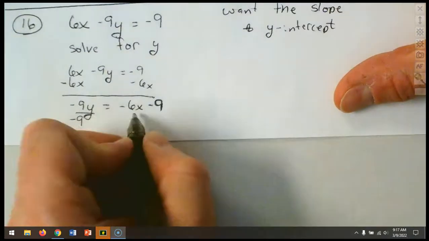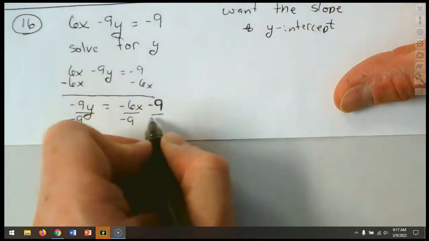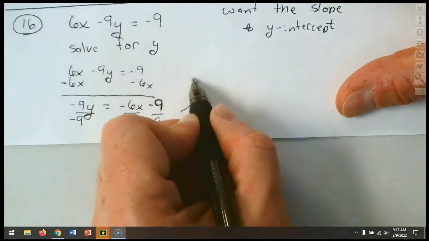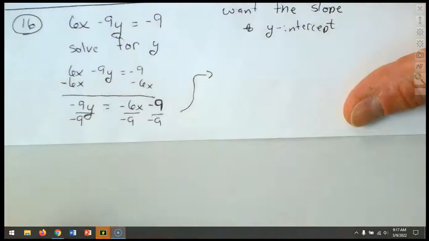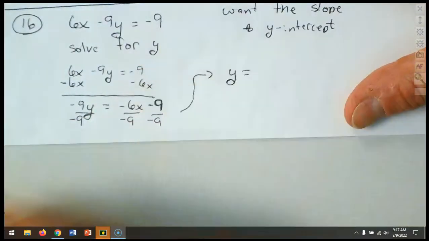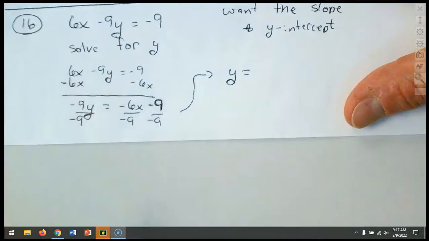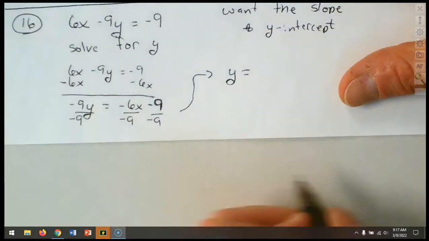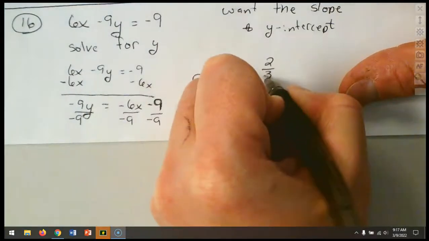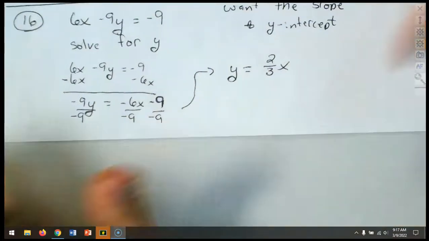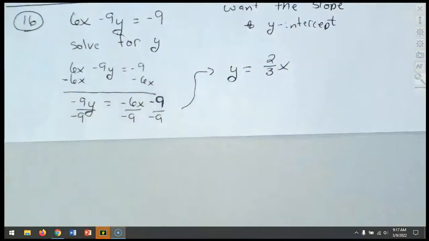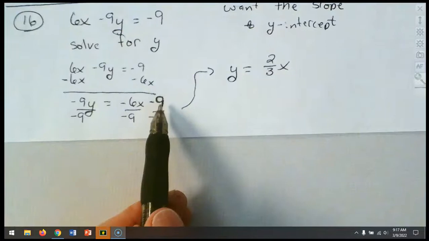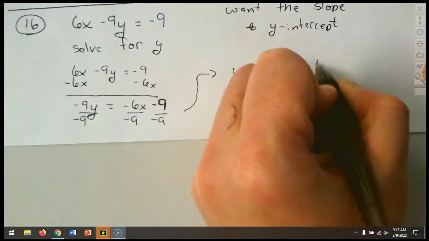So divide everything by a 9, and we've got to reduce. Make sure you reduce. And when you reduce, you get y equals now. Negative and negative makes it a positive, and 6 over 9 reduces down to be a positive 2/3 x. Negative over negative again makes it positive. 9 over 9 is a 1.